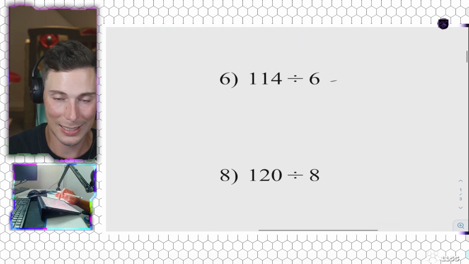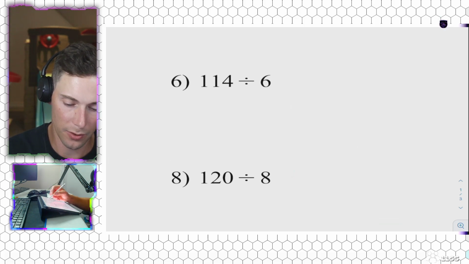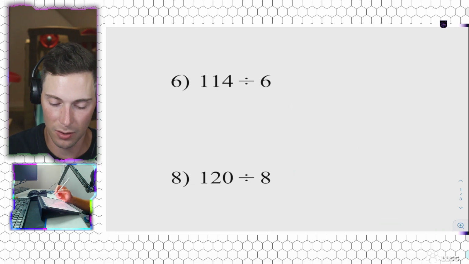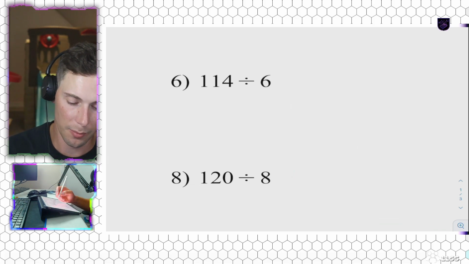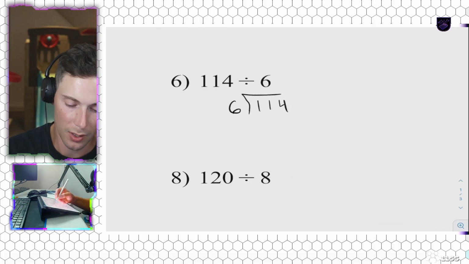Question number 6 is going to be similar to question 5 and how it looks. 3-digit divided by 1-digit, all whole numbers. We'll write our 6. 1, 1, 4. And does 6 go into 1? No, it does not. Does 6 go into 11? It does. 1 time. 1 times 6 is 6.